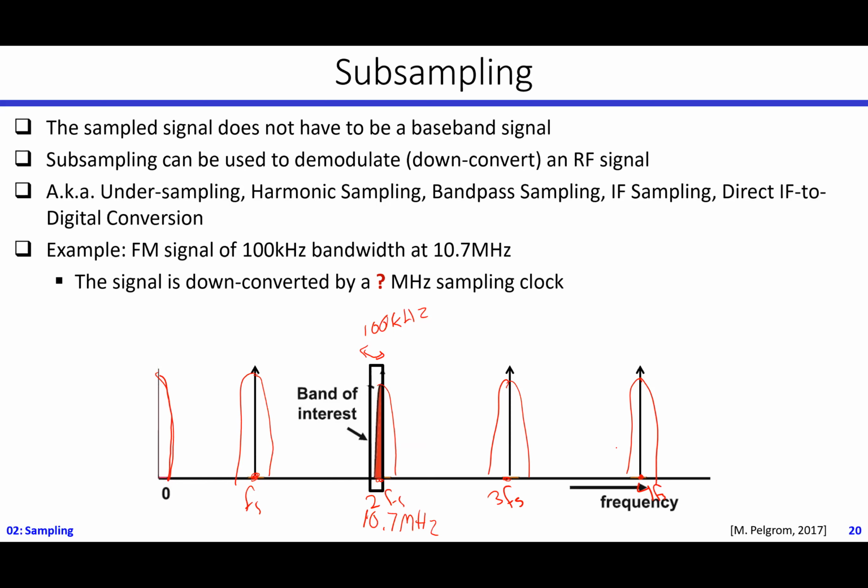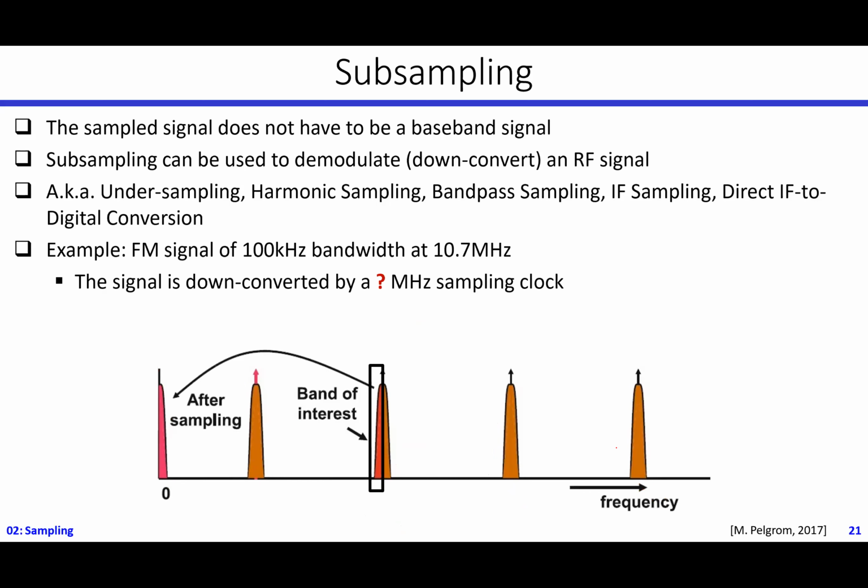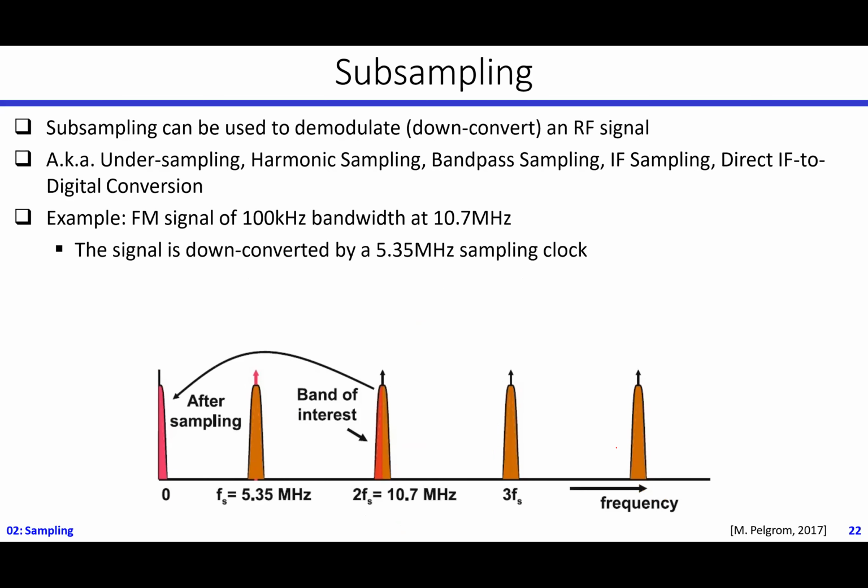Very simple math: 10.7 divided by 2, so it's 5.35. Again, you will always remember that your spectrum will be replicated in the baseband at FS and all its integer multiples.